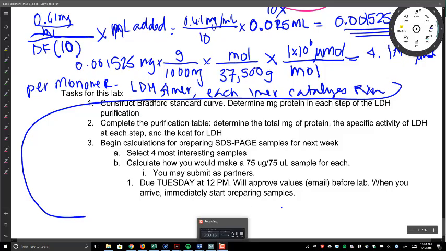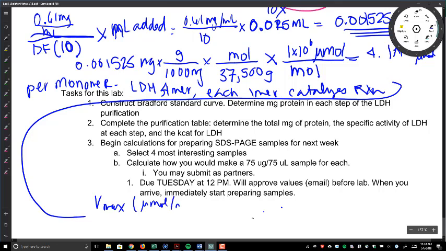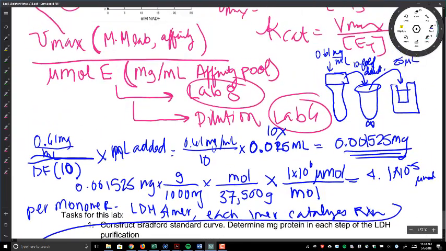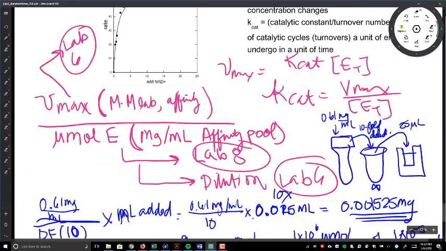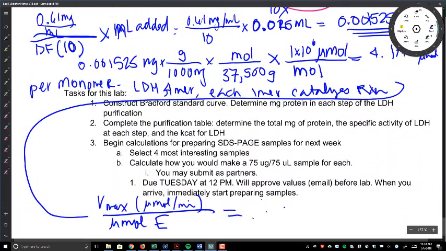Okay. And so what we have to do then is, again, we need to take the Vmax of the reaction in micromoles per minute, and then we divide it by the micromoles of enzyme. So our Vmax we already determined is 0.51 micromoles per minute.